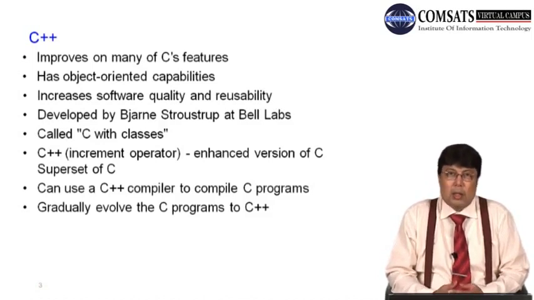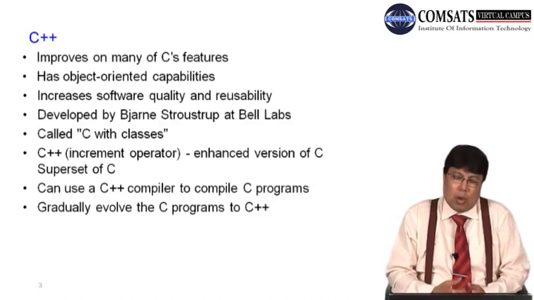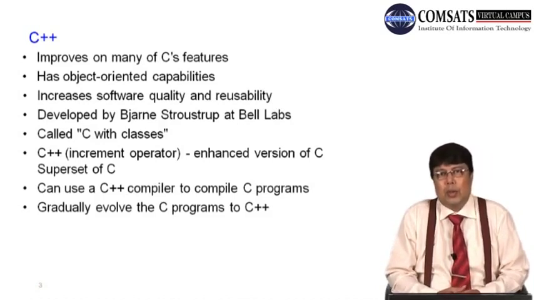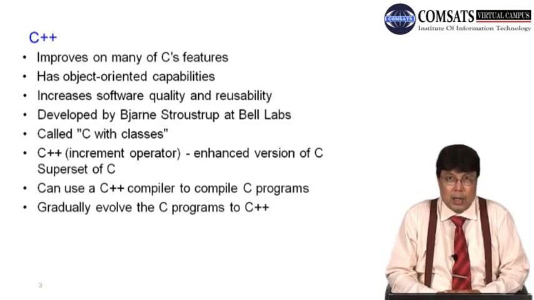So it obviously increases the reusability of the software. Whatever software you develop in object-oriented style, you can reuse it, due to the inheritance facilities provided in the C++ language.